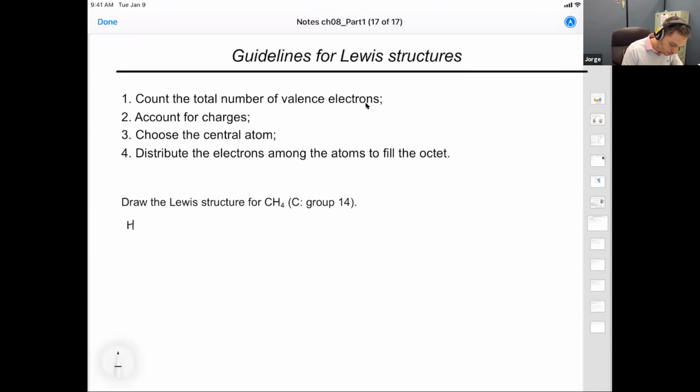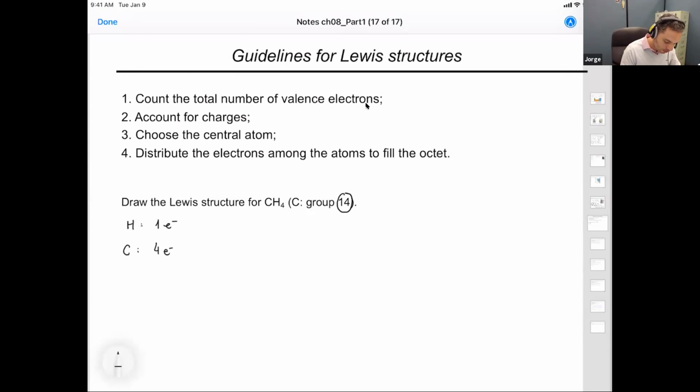Hydrogen, we know, has only one electron in the valence shell. Remember that we are always counting the valence shell here. And carbon belongs to group 14, therefore 4 electrons in the valence shell.